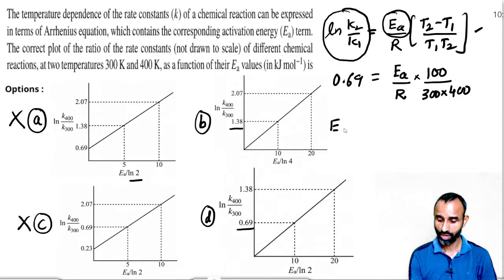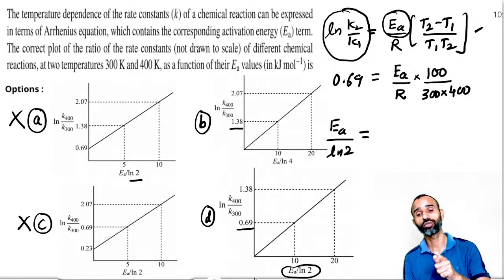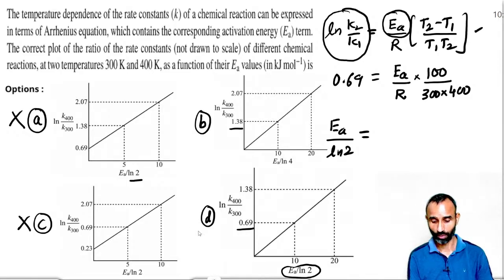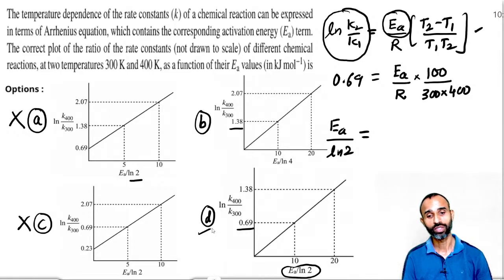What is the value of activation energy? We have to calculate activation energy divided by natural log of 2. If it comes out to be 10, that means D option is correct. If it is not correct, obviously there is no need to calculate further. It is option B.